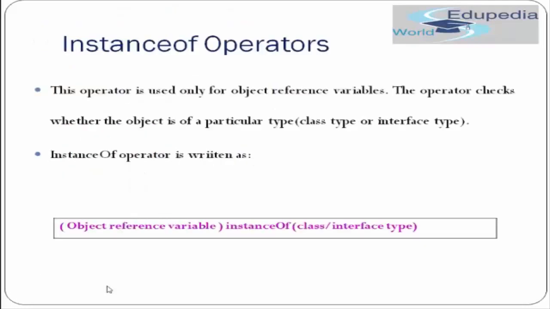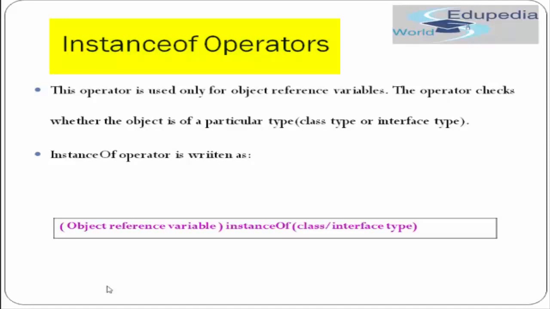Fine. So moving forward to the instanceof operator. The operator is used only for object reference variables. So whenever there is an object reference, only then can we use instanceof. We cannot use it on a primitive type. The operator checks whether an object is of a particular type, like a class type or an interface type.